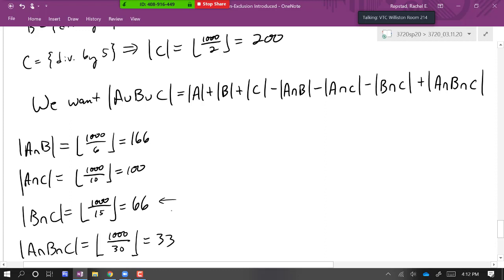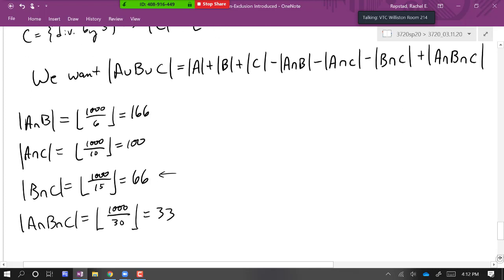They don't share any common divisors. If this were 6 and 15, if I were thinking about what's divisible by 6 and 15, I wouldn't just multiply 6 and 15. I would have to find the least common multiple of those two. So just in case that comes up, if you see a similar problem.